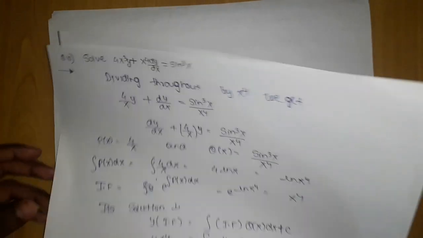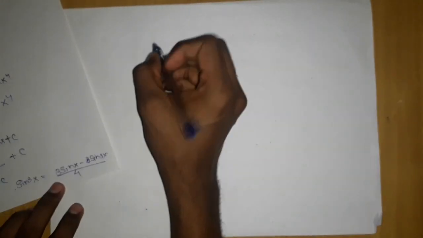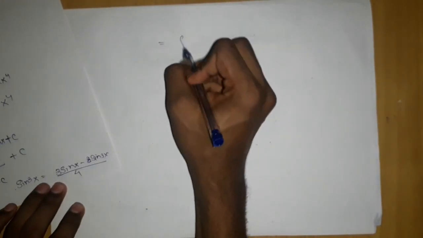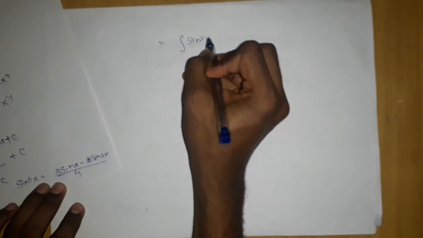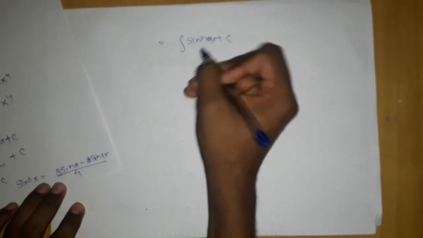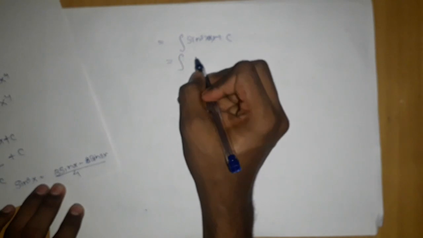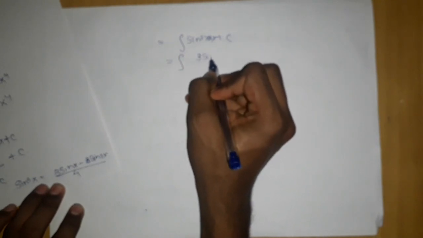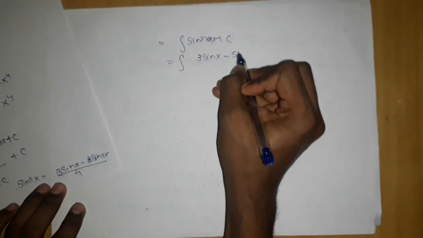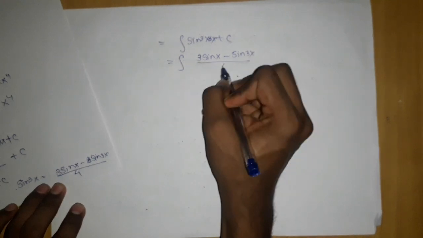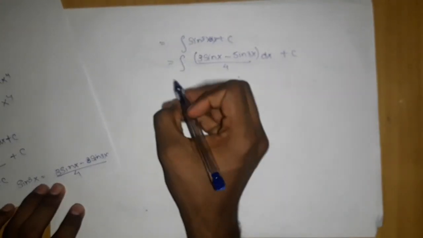After getting this, you are going to substitute it. So substitute for the integral of sin cube x dx: the integral of 3 sin x minus sin 3x the whole upon 4 into dx plus c.